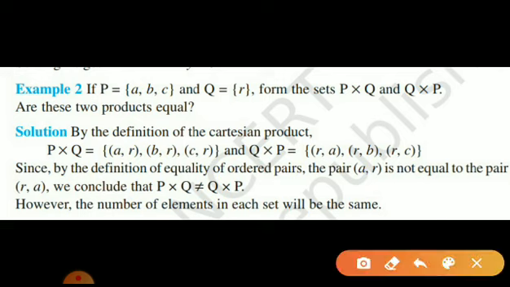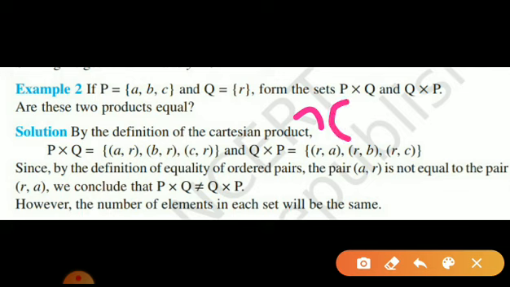Next one. If P equal to {a, b, c}, that is P is a set which contains the elements a, b, c, and Q is a singleton set which contains the element r, form the sets P cross Q and Q cross P, and are these two products equal? Now see, P contains how many elements?